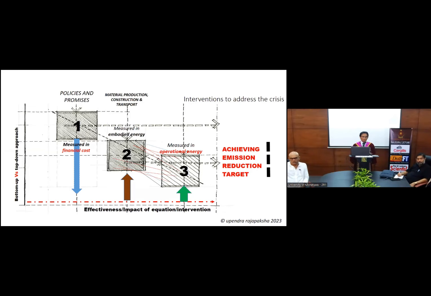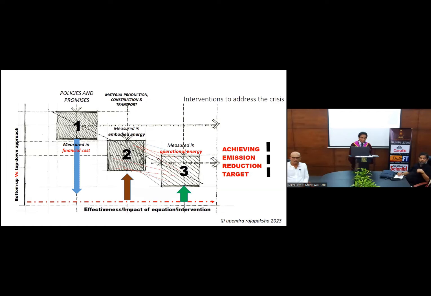The first approach is primarily aimed at implementing policies and promises. I see that as a top-down approach, and it's usually measured in financial cost. In the policies, the environmental cost is transferred to financial cost.